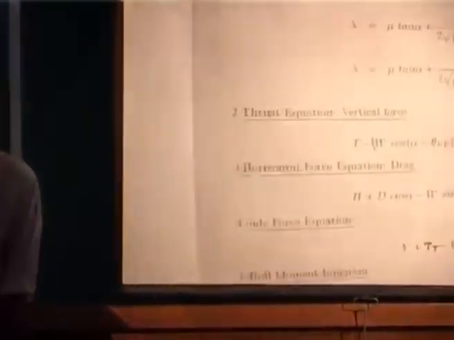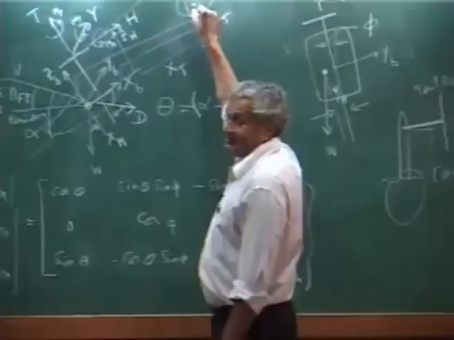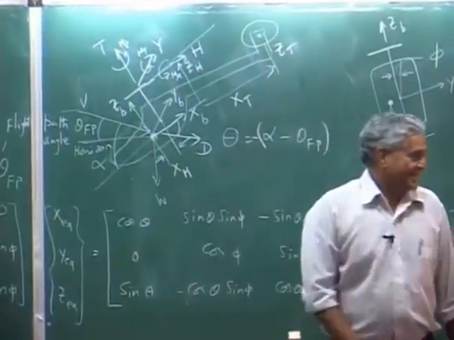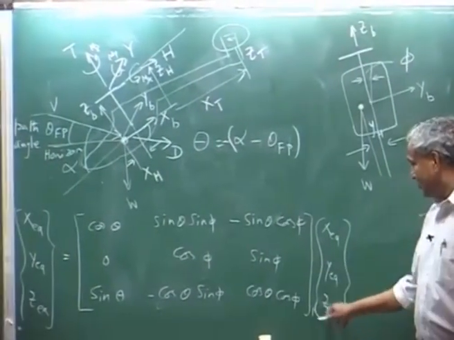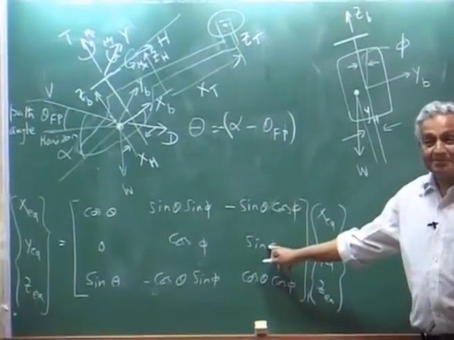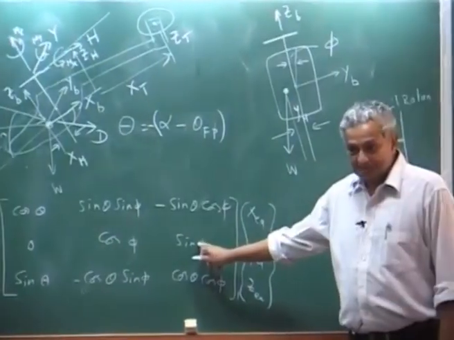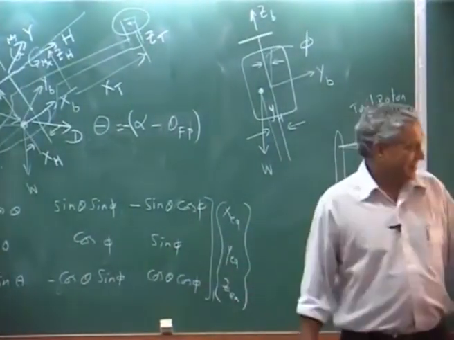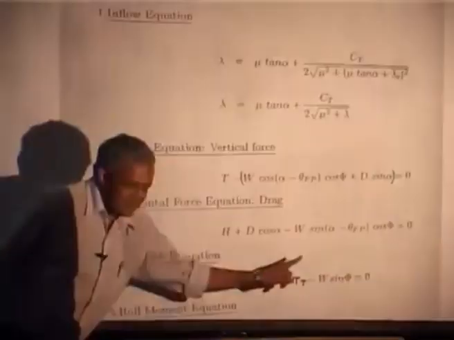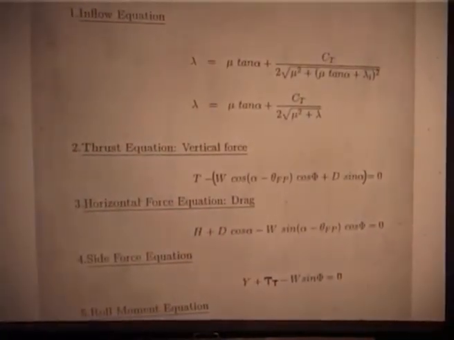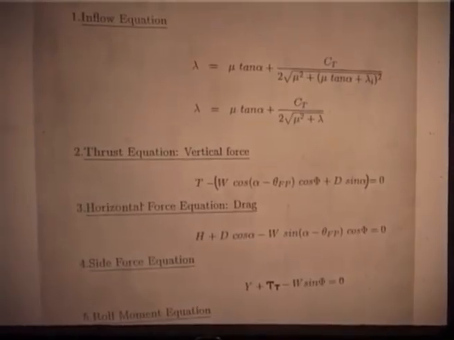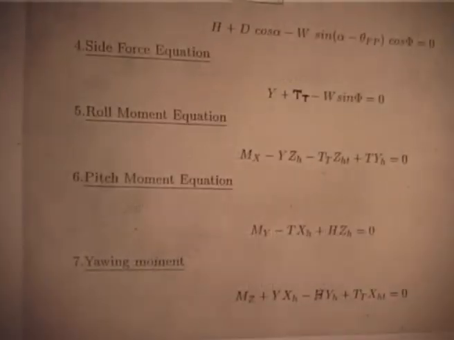And then the side force: you have the Y, you have the tail rotor, and you have again the W term, W sin phi with a minus sign. So, the side force has again the weight. That is why you see the weight comes in all directions in the body fixed system.